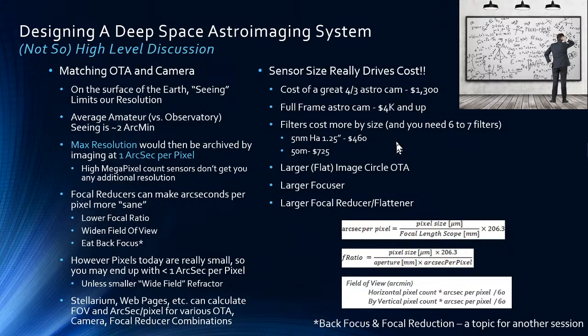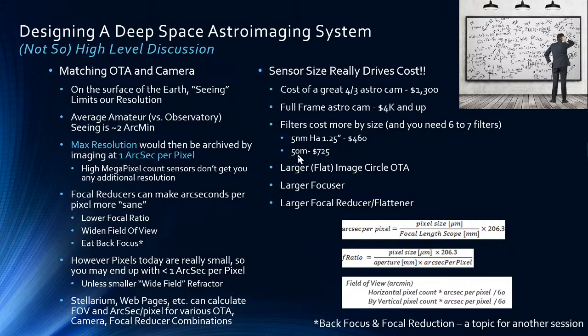But there are some other effects that happen too. So you need bigger filters, right? So you might get away with a 1 1/4 inch or maybe 31 millimeter filter for that 4/3 inch sensor, but for a crop sensor or a full frame sensor, you might need a 50 millimeter filter. So you can see, just as one example, for a particular... and there's another typo. 5 nanometer Ha 1.25 inch is 460 bucks.